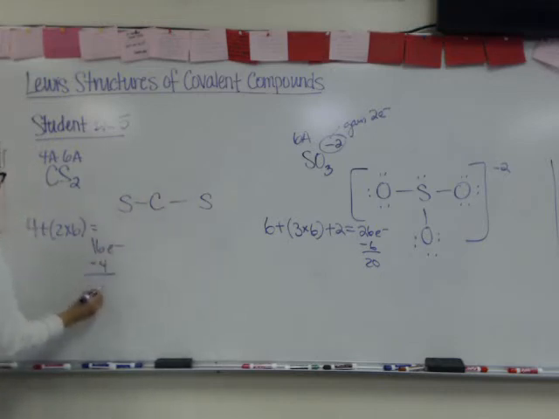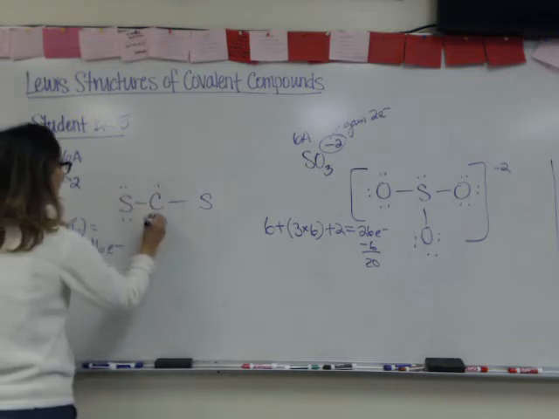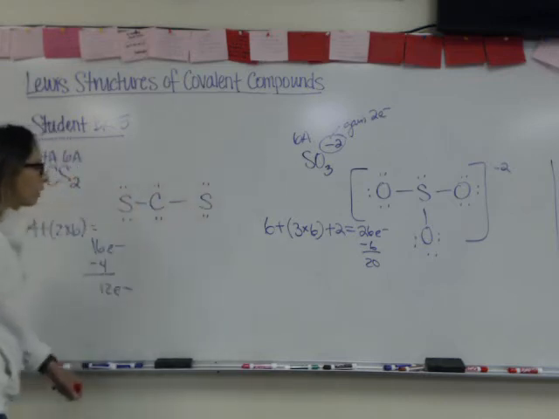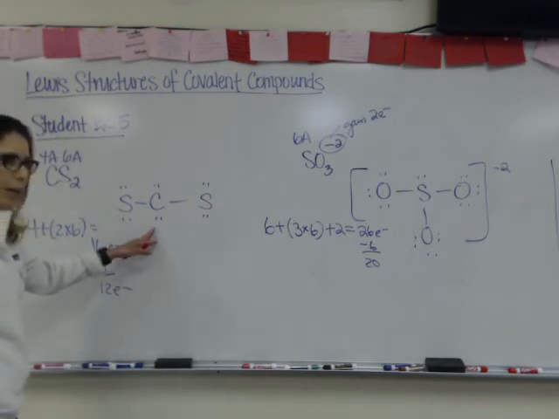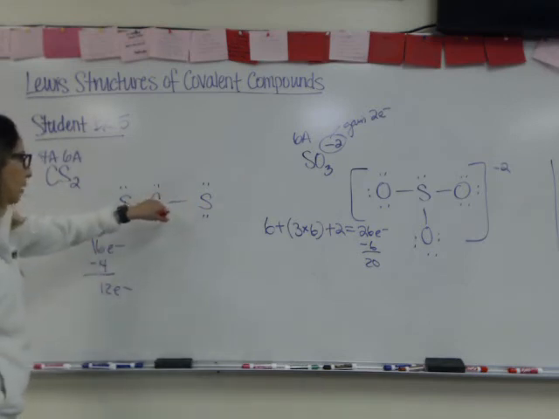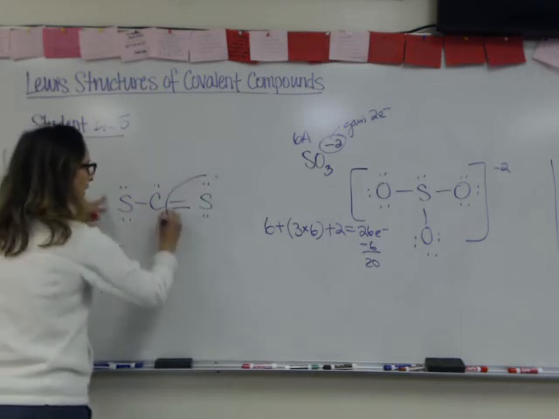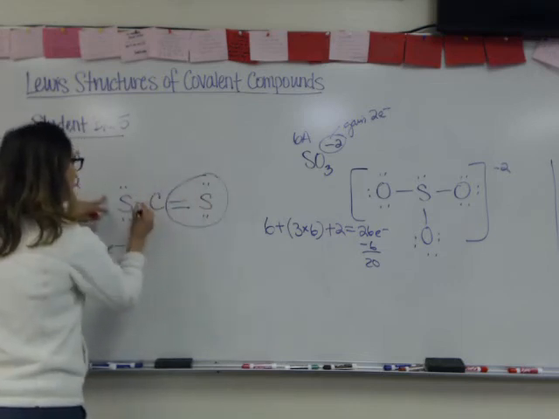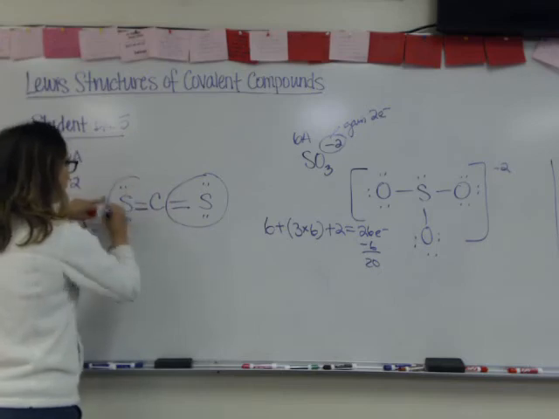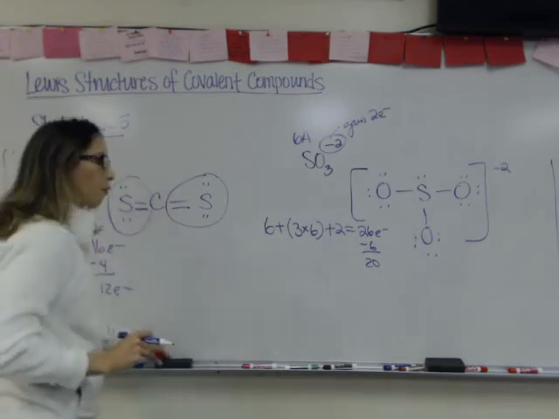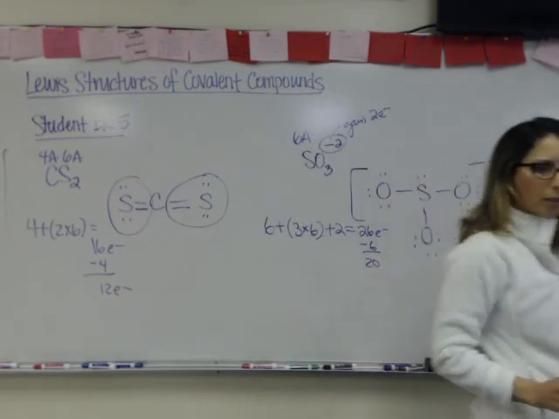I used 4 when I drew my bonds, I have 12 left. 2, 4, 6, 8, 10, 12. Carbon's happy, surrounded by 8. Sulfurs are only surrounded by 6. So I'm going to move a pair off the carbon, create a double bond here because now this is surrounded by 8. I'll take this pair, put it here. Now this sulfur is surrounded by 8. That's the proper Lewis structure for CS2.